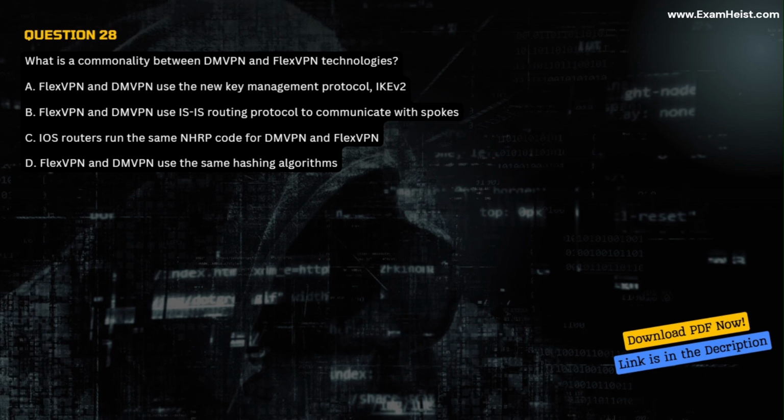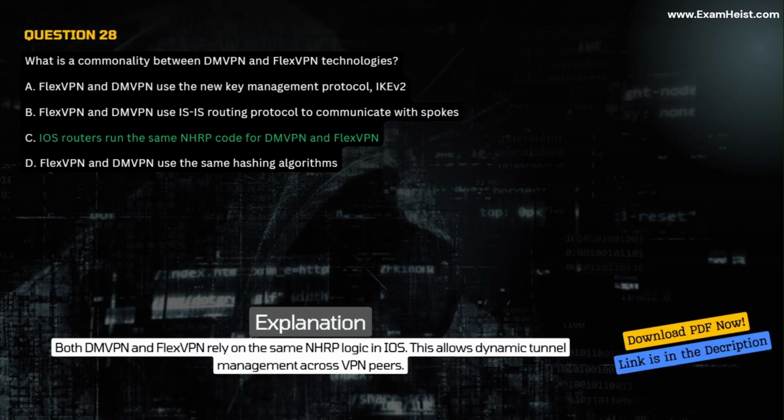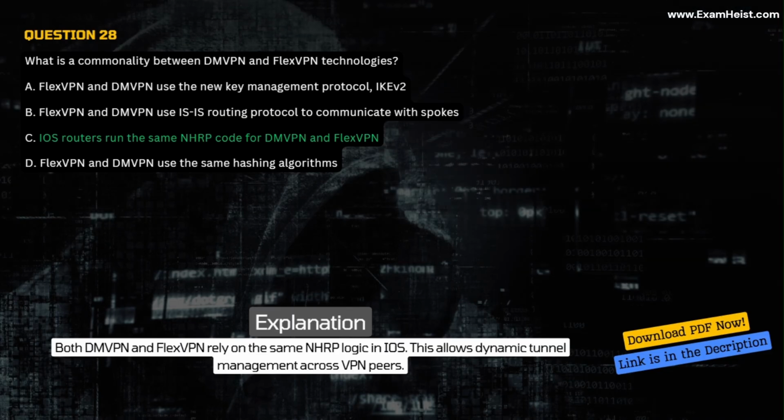D. FlexVPN and DMVPN use the same hashing algorithms. Correct answer C. iOS routers run the same NHRP code for DMVPN and FlexVPN. Explanation. Both DMVPN and FlexVPN rely on the same NHRP logic in iOS. This allows dynamic tunnel management across VPN peers.